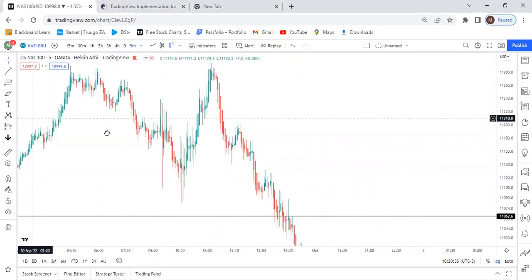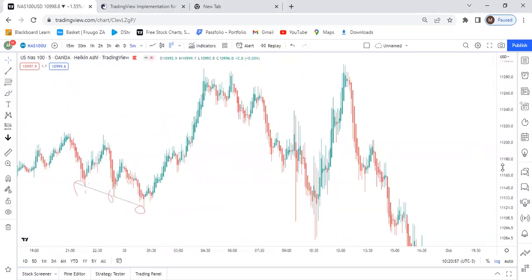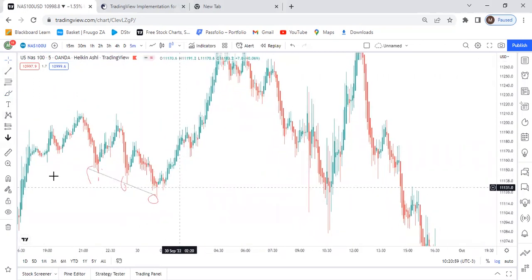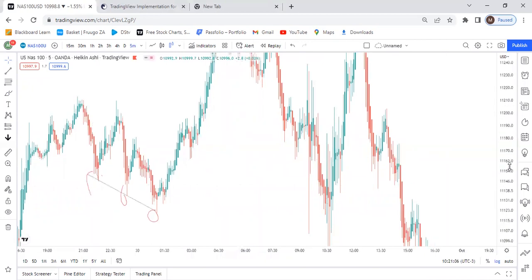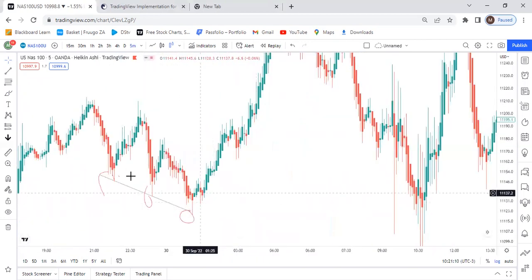They gave you confirmations. Do you know those, what do you call them, reversal candlesticks? Yeah. So this is what you were supposed to look out for, this reversal candlestick, this reversal candlestick and so on. And then the following candlesticks were just bullish, so you could have entered because you had enough confirmation there.